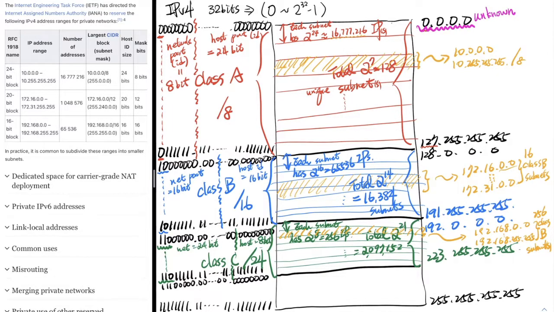If you are indicating some IP address that you don't know, such as your own IP address or your destination IP address, you can simply use 0.0.0.0, because that means an IP address that I don't know.